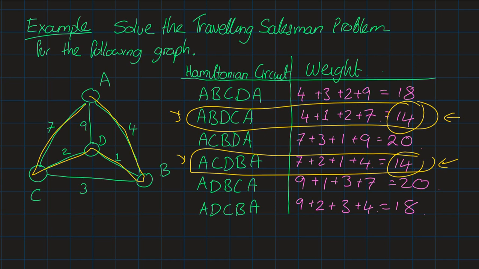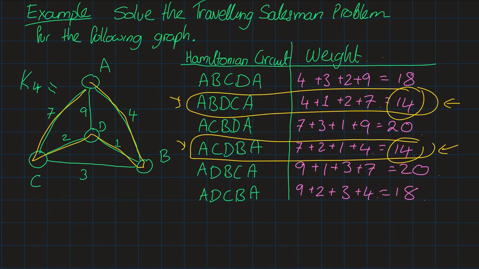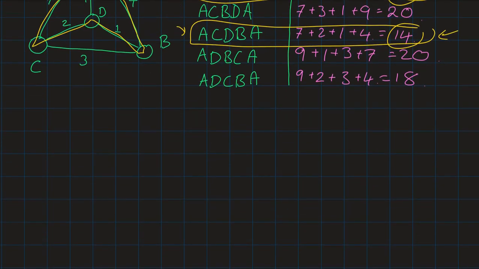So this is one way of solving the traveling salesman problem, but I think you can probably imagine that this method is not very practical when you have a big graph. Right now this graph is just a 4 vertex graph. This graph here is just K4. And we know that for K4 there's only 6 Hamiltonian circuits, but when the number of vertices increases, the number of Hamiltonian circuits increases massively.